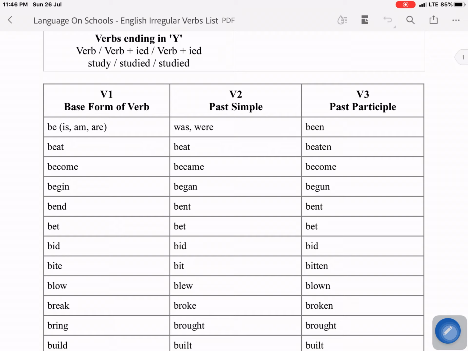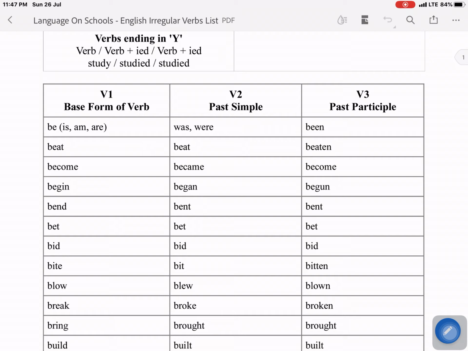Now first is be. Be has various forms: is, am, are. These are all parts of be. When is in the present, it becomes was in the past, that is V2.